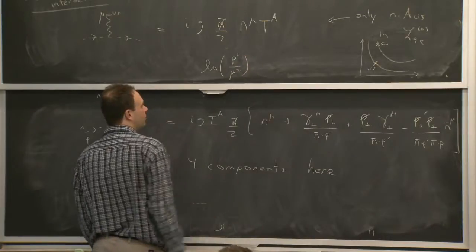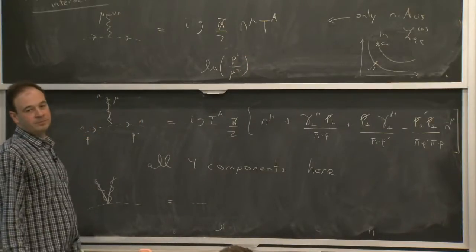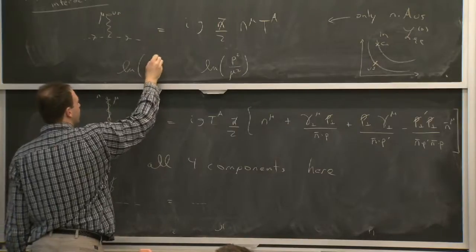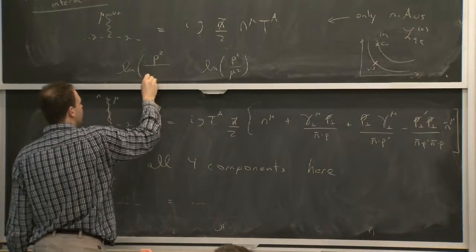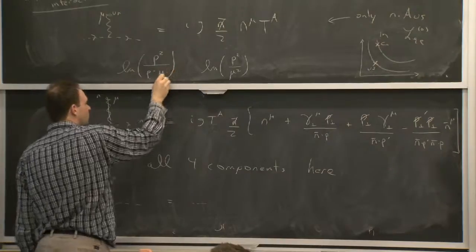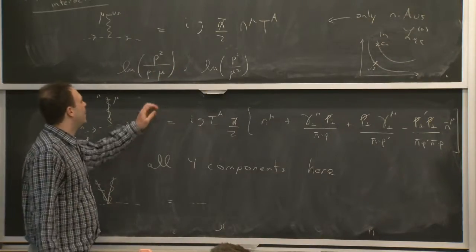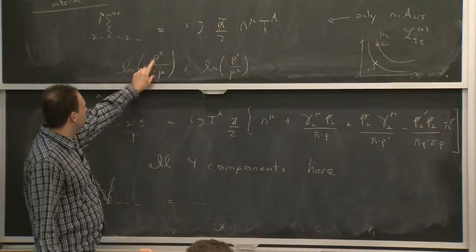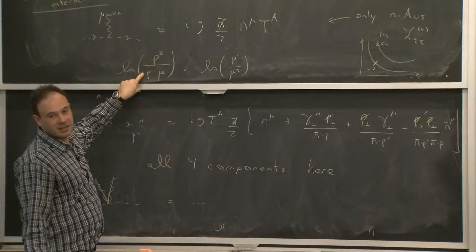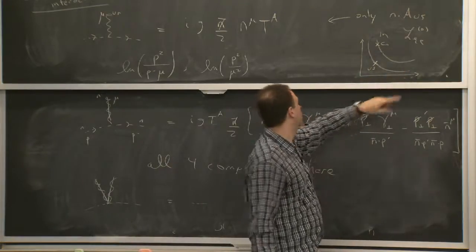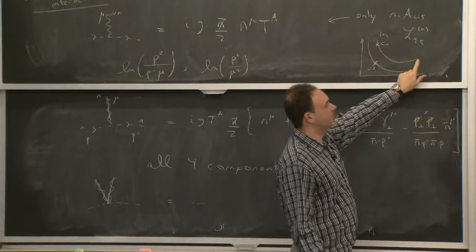You could have infrared divergences that would be like that. But there's also, when you do some diagrams, infrared divergences that could look like this. OK? I'm just telling you something that you'll have to trust me. And this is like coming from an ultrasoft scale. P squared over P minus, that's the scale of this hyperbola. And the P squared here is the scale of this hyperbola.